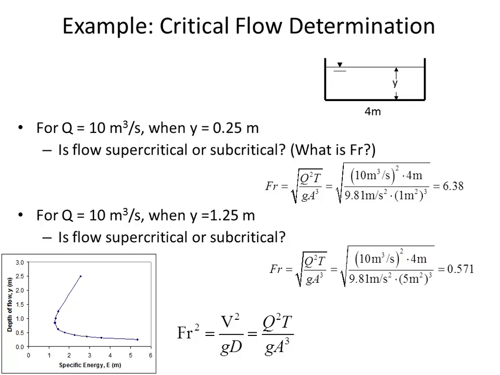Depth is less than Yc, then that is supercritical. What causes that is that the slope is greater than some critical slope. A steep slope causes shallow depths and fast water.